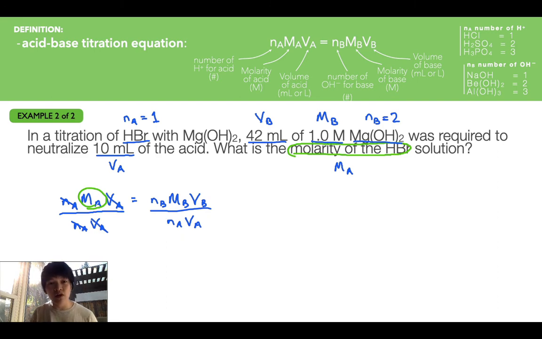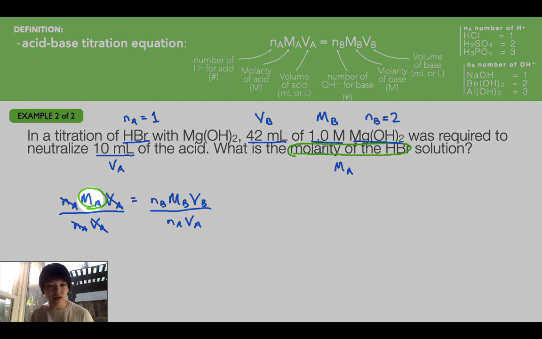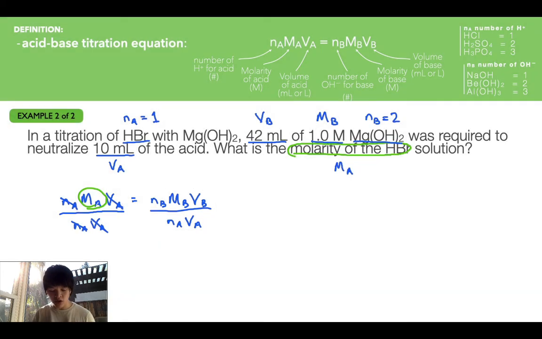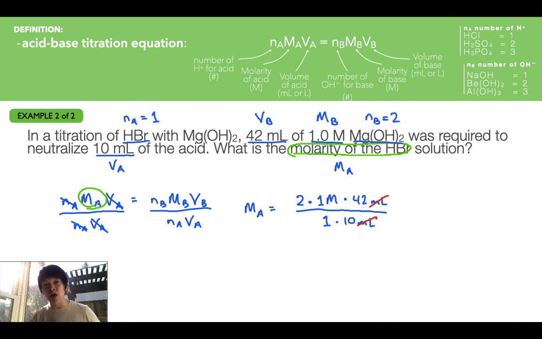What we're left with is Ma is equal to Nb times Mb times Vb divided by Na times Va. Okay, so we've already identified everything. Just go ahead and start plugging them in. After you plug them in, just make sure you cancel out any units that are supposed to cancel out. So we have milliliters and milliliters here that will cancel out. We're left with molarity, which makes sense because we're trying to solve for concentration of acid.